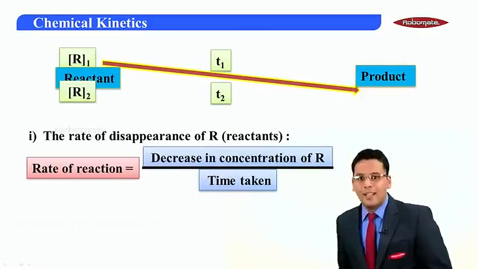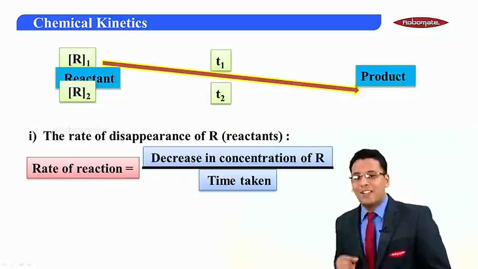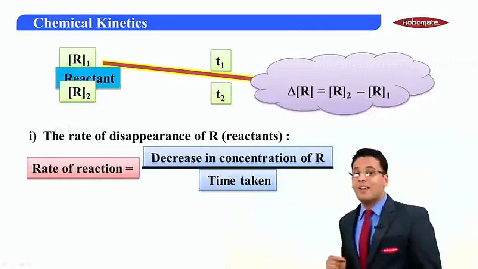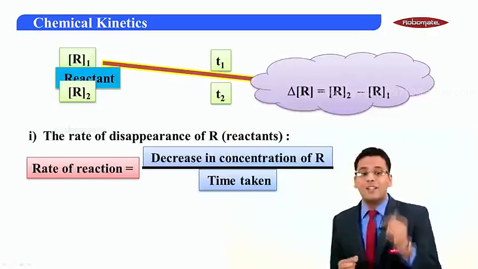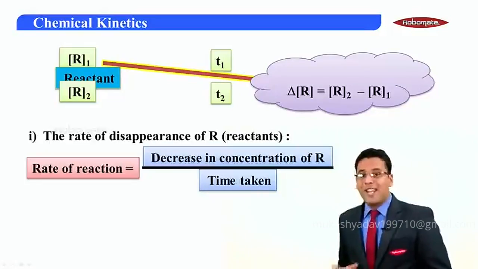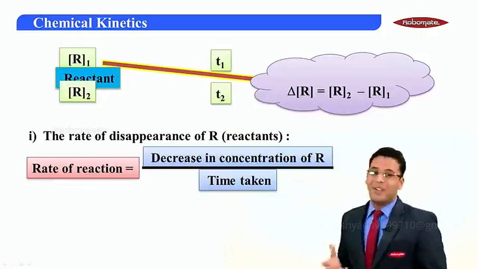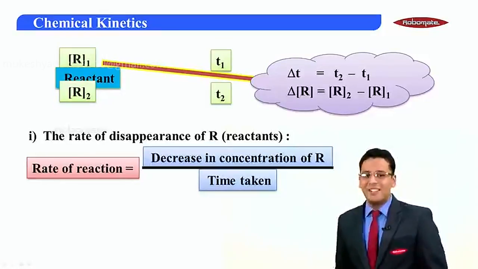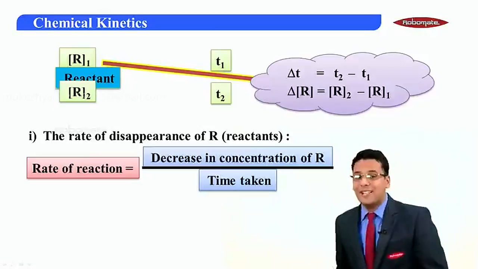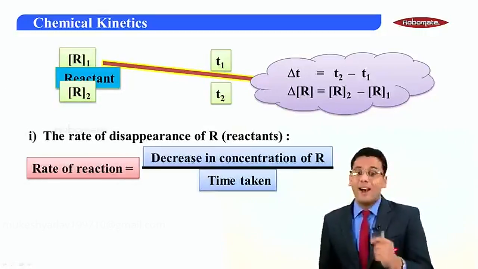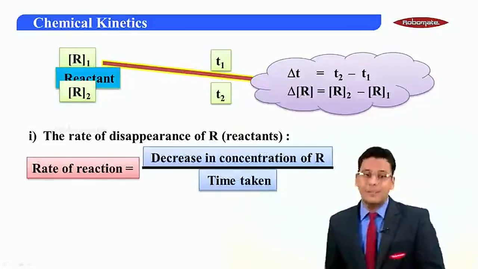Now here I can say that the decrease in concentration is nothing but R2 minus R1, which is nothing but the change in concentration. Also, the change in time is nothing but T2 minus T1. These changes in concentration of reactants and time are represented by delta R and delta T, my dear students.